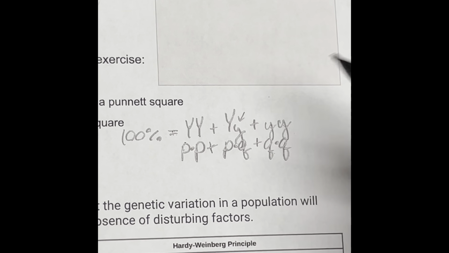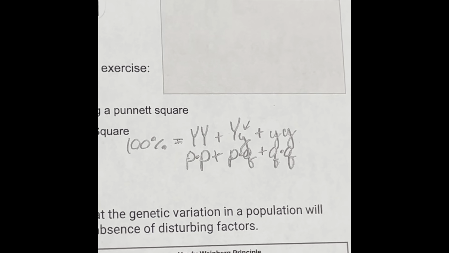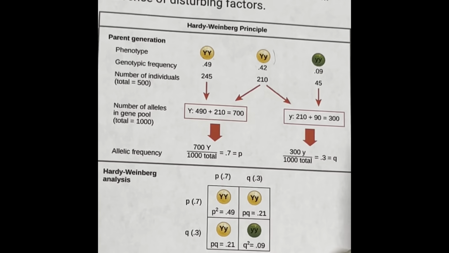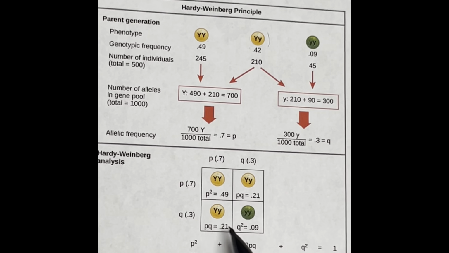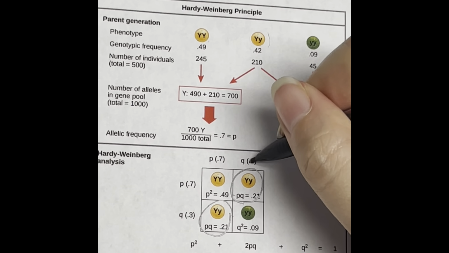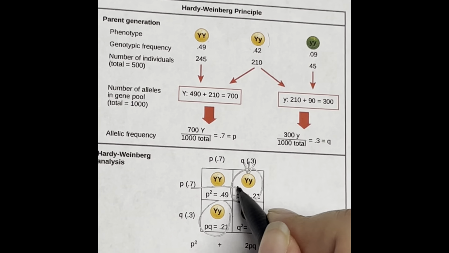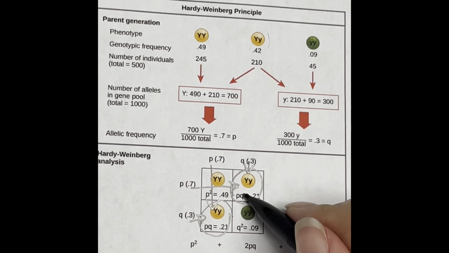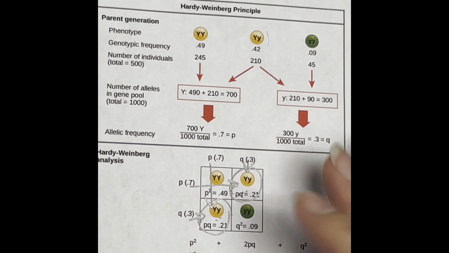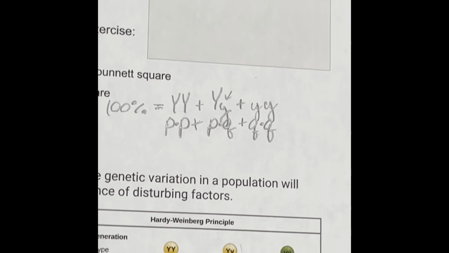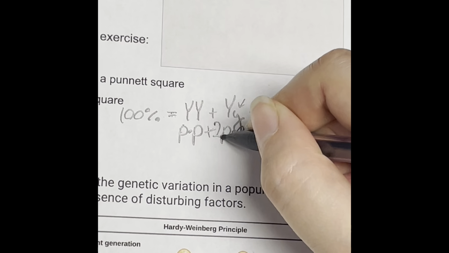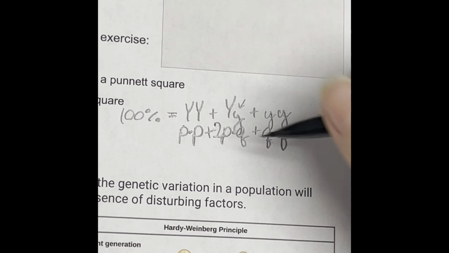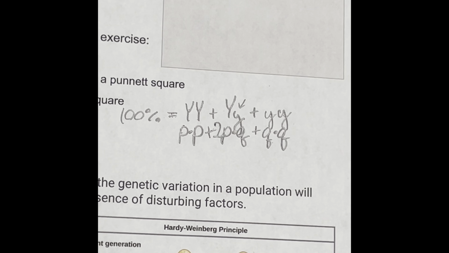Now, when we do a Punnett square, such as the one below, we end up with actually 2 boxes of heterozygotes because we crossed 2 parents. So we have 2 copies of the heterozygotes. So instead of actually saying PQ, we have to multiply that by 2 in order to count all of the individuals.